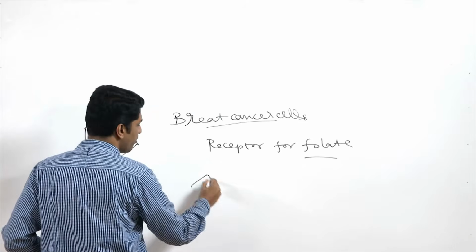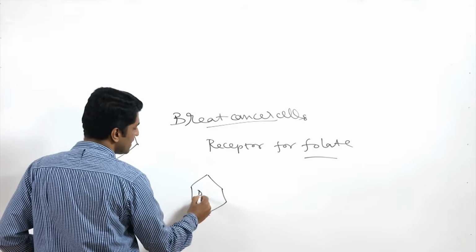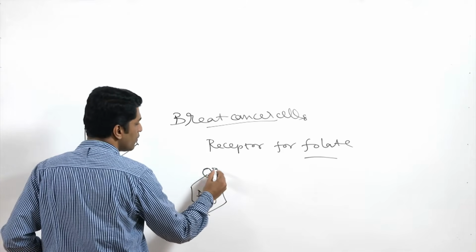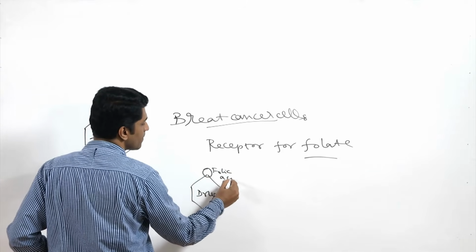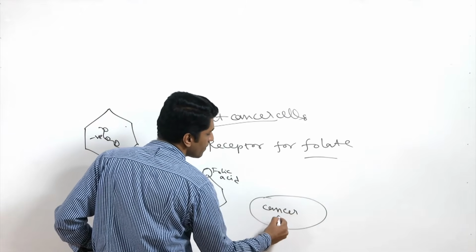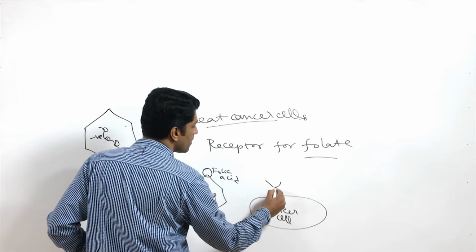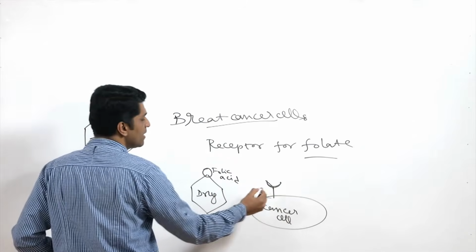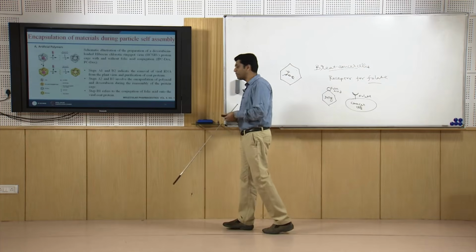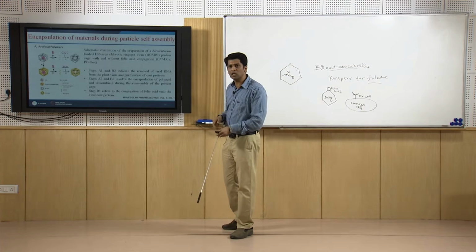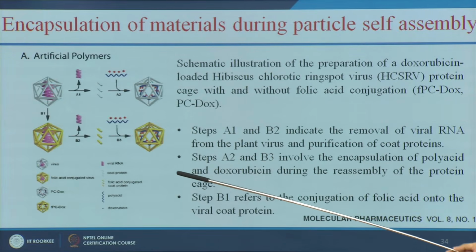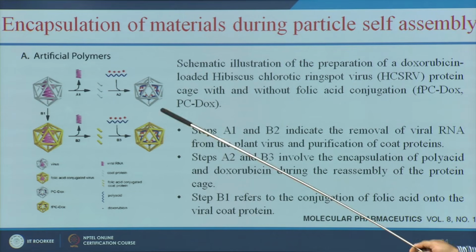So when you make your nanoparticles with anti-cancer drug and add folic acid molecules, it can go to the cancer cell which has the receptor for folate. It can go and specifically bind only to the breast cancer cells, not to the healthy cells. So we can make targeted nanoparticles for cancer therapy using these virus nanoparticles.